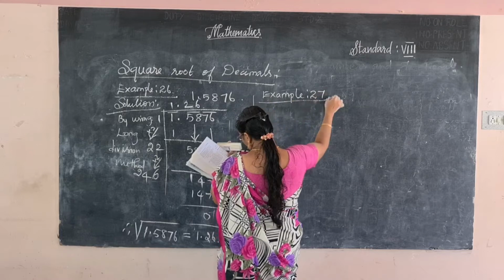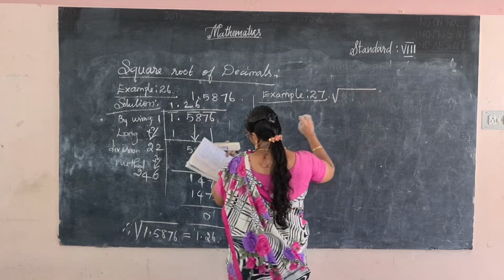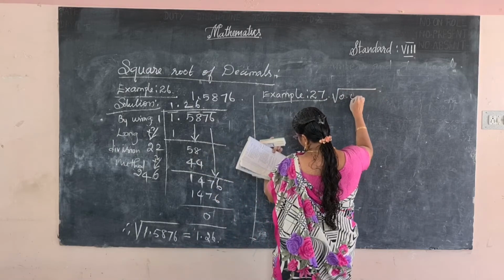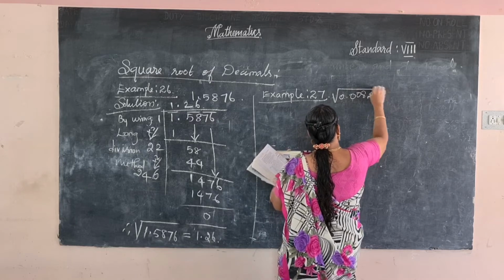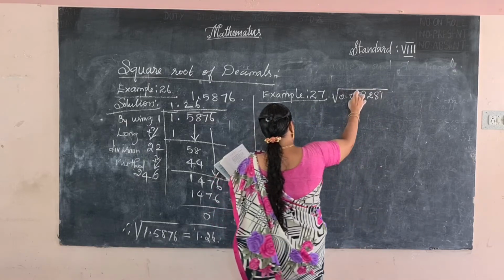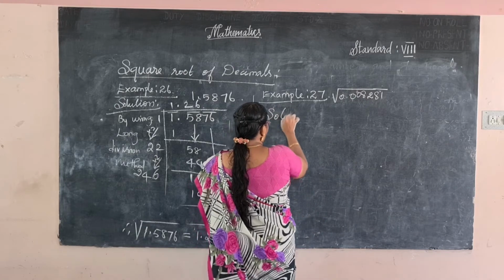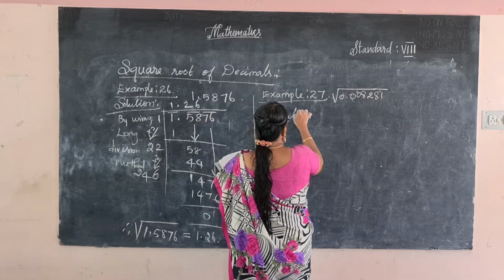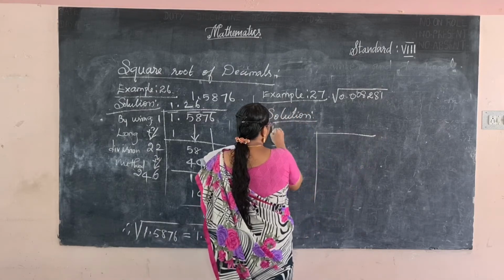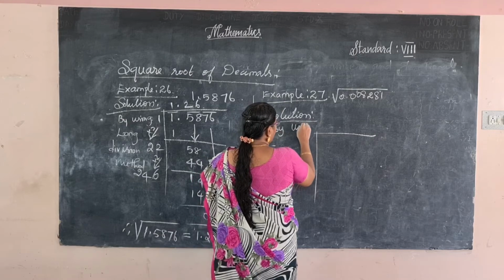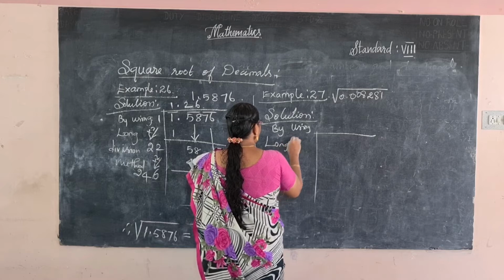The next example, 7. Find the square root of 0.008281. Solution: as usual, by using the long division method.